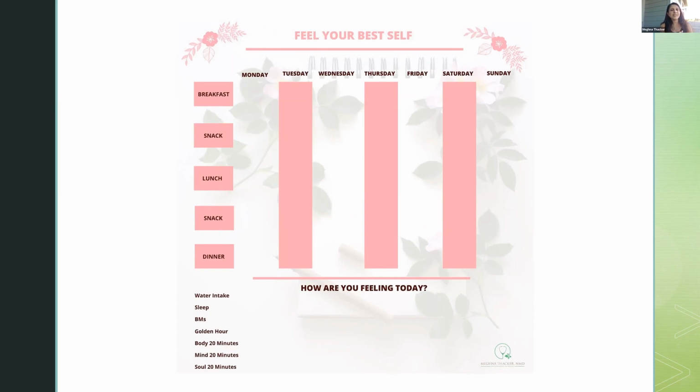I tell my patients, and I mentioned this in my book, the 60 minutes or the golden hour. Dedicate at least 20 minutes for your body to get some kind of movement, to break a sweat: exercise, stretch, yoga, whatever you like. 20 minutes for your mind, for meditation, to just sit still and let the thoughts come and pass. Just breathe, just breathe, just breathe.